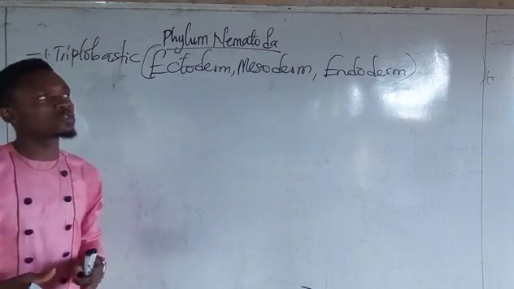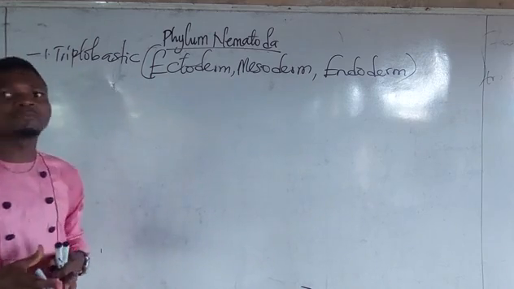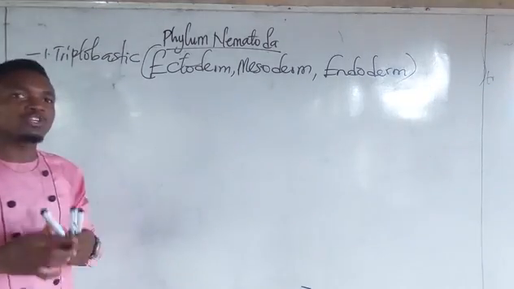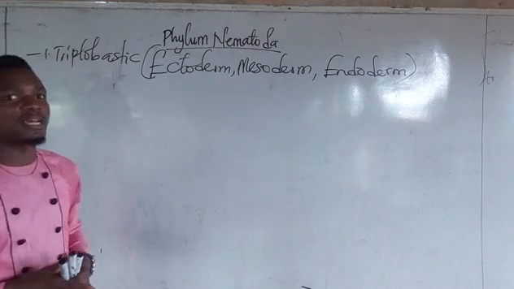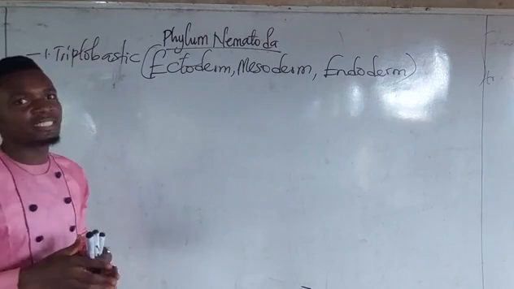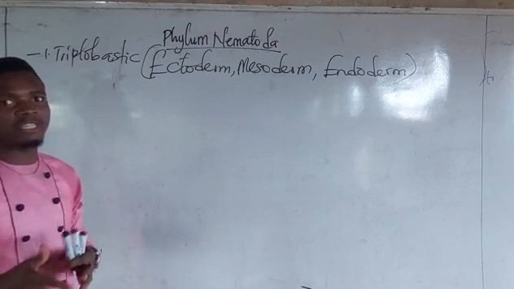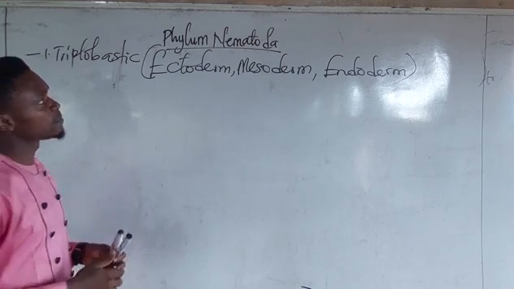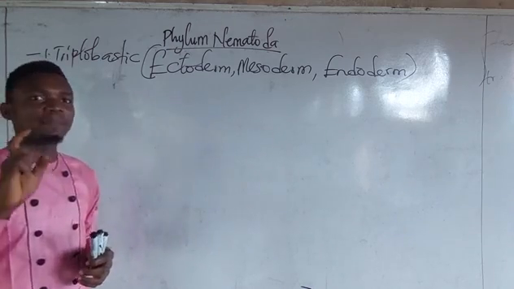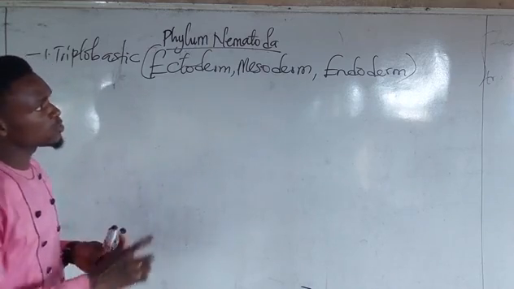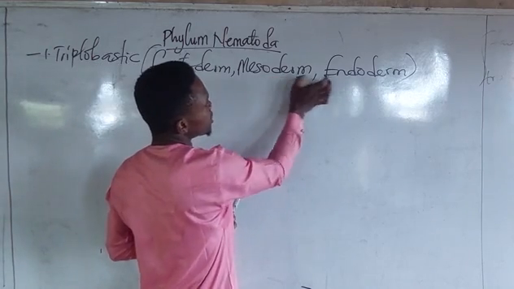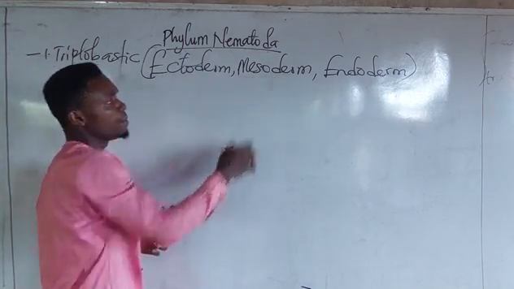For an organism to be diploblastic, it means that such organism has 2 layers. To be much more specific, the Phylum Coelenterata, which are also called the Phylum Cnidaria, the organisms are also called Cnidarians. These organisms are specifically diploblastic, because they do not have a well-formed mesoderm.